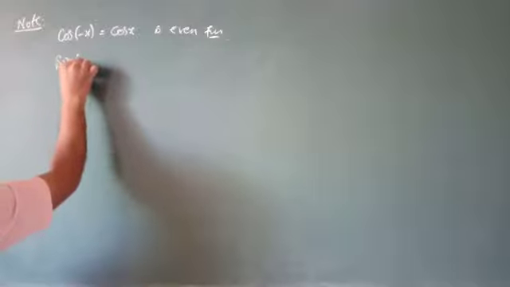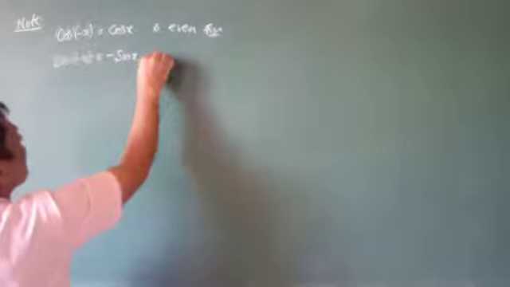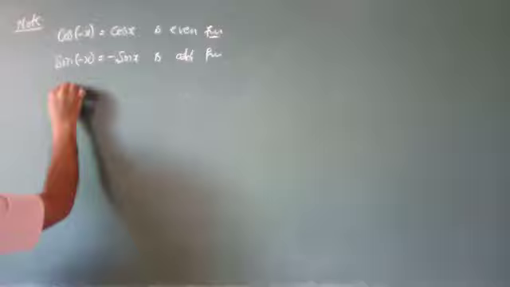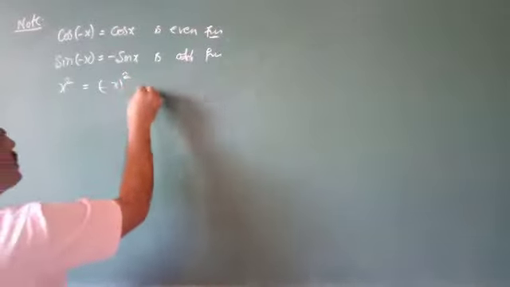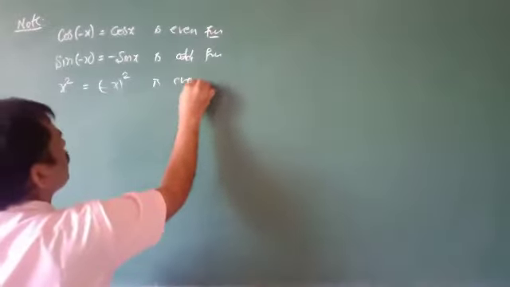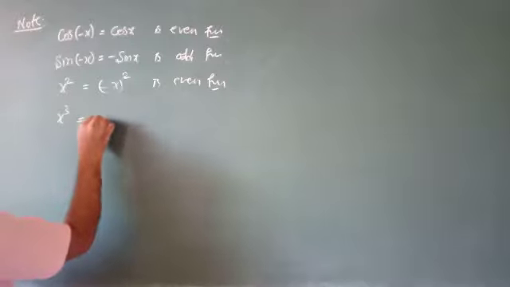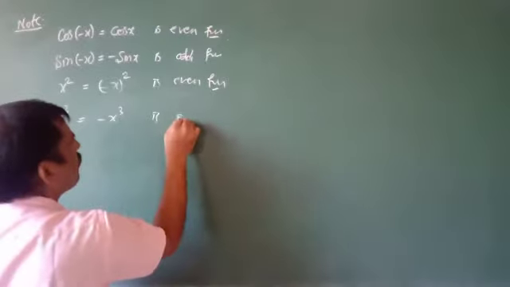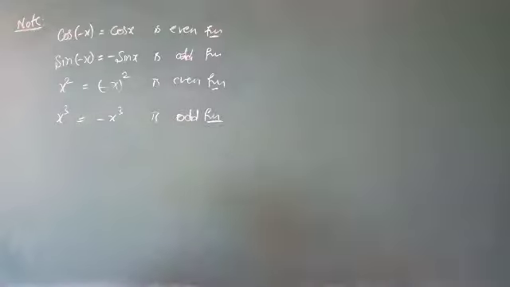Sin of minus x is equal to minus sin of x, so it is an odd function. x square is equal to minus x whole square, so it is also an even function. x cube is not equal to minus x cube, so it is an odd function. You should remember which are even functions and which are odd functions.